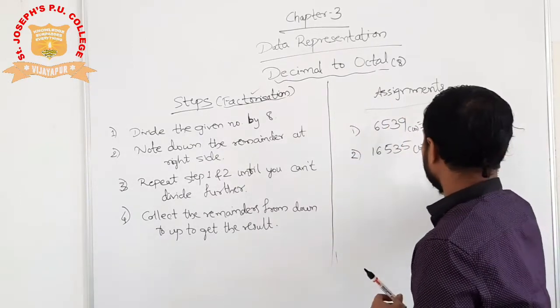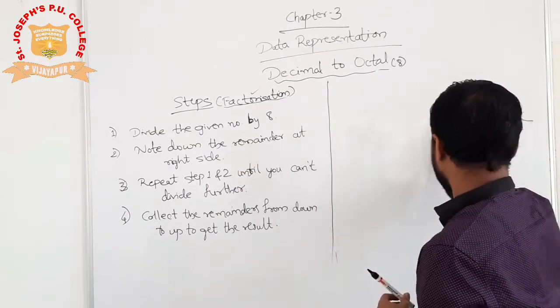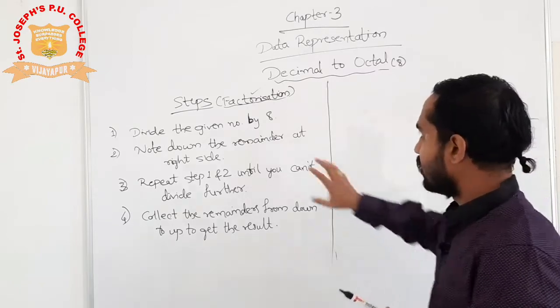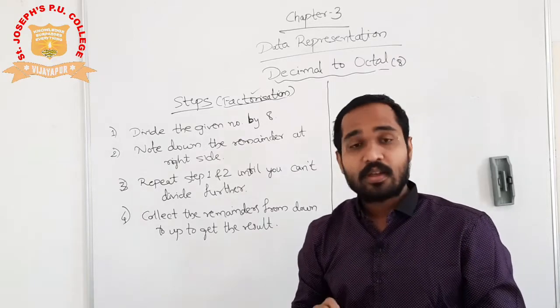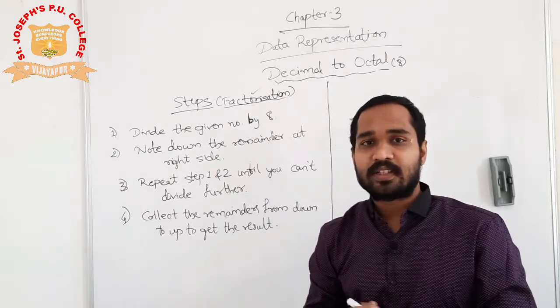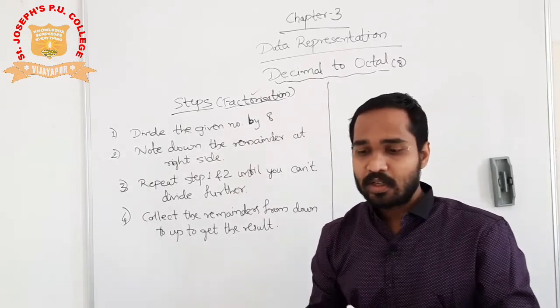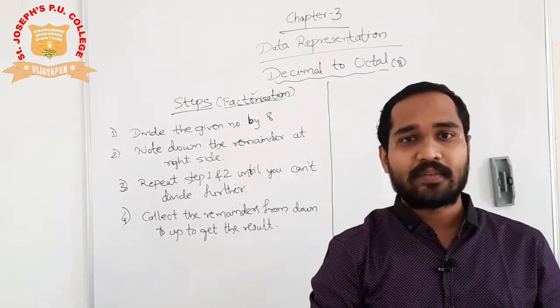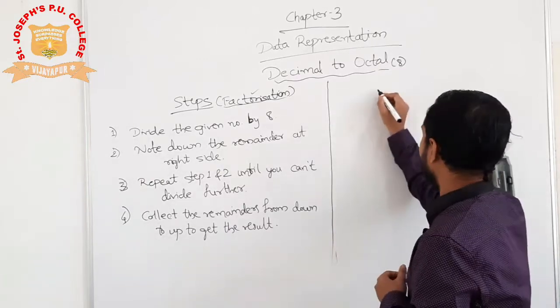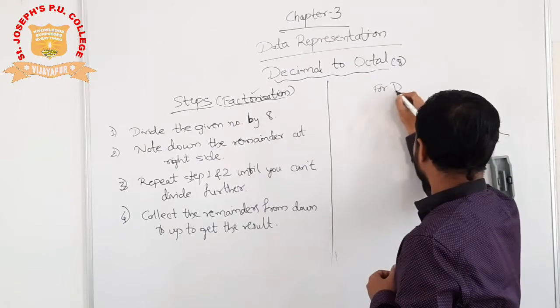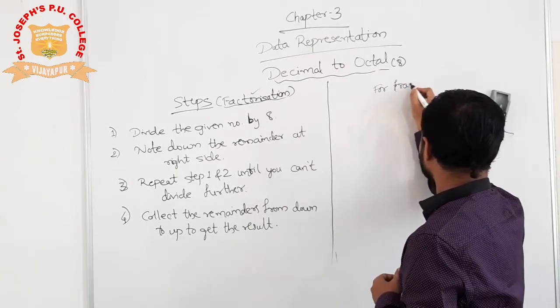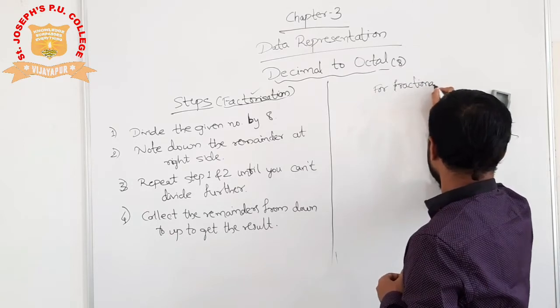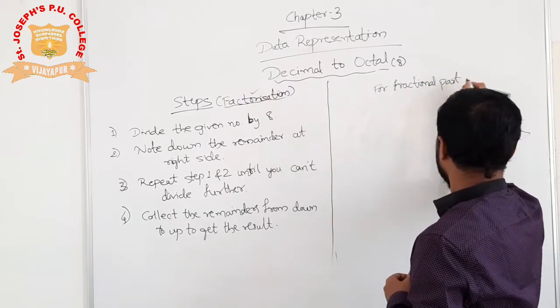Fine. Now, you already know how to do it when an integer number is given. But when a point is given, what to do? That we have to see here. For the fractional part. Okay.